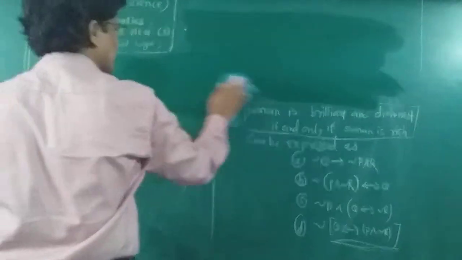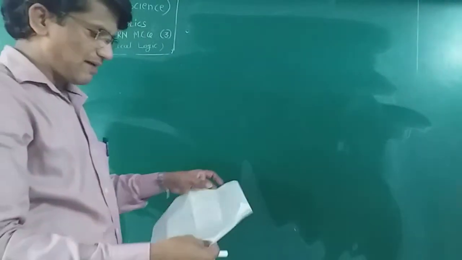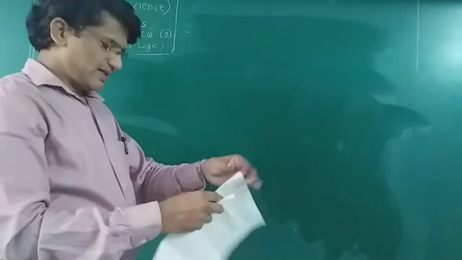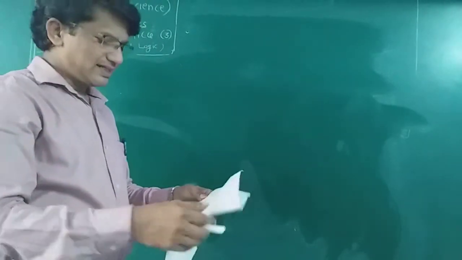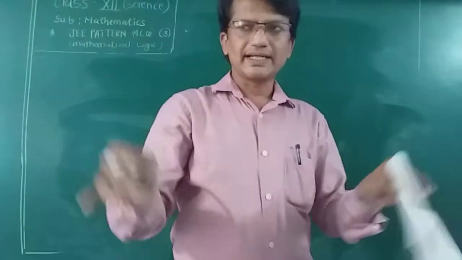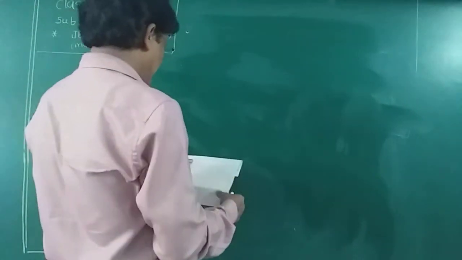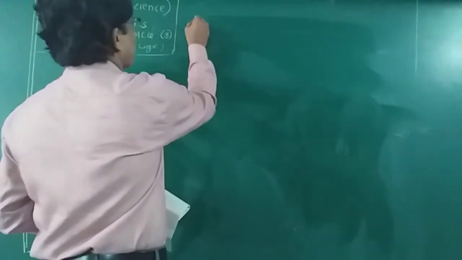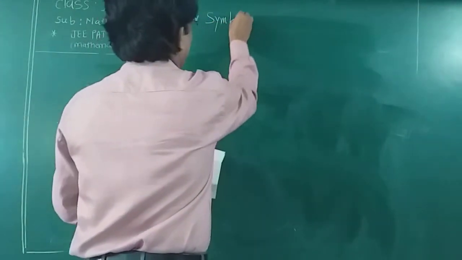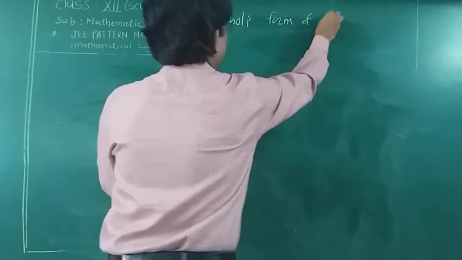Let us see the next example related to the same one. These examples are important. For solving such examples, we must know some basic rules. Let us see now some examples based on switching circuits. Some examples on switching circuits: symbolic form of circuits.